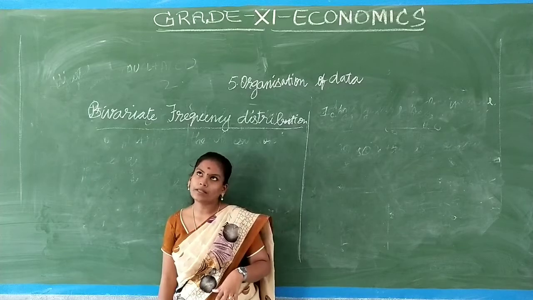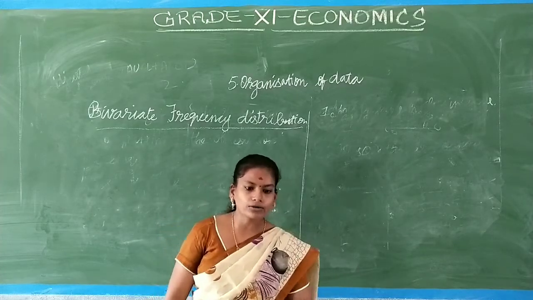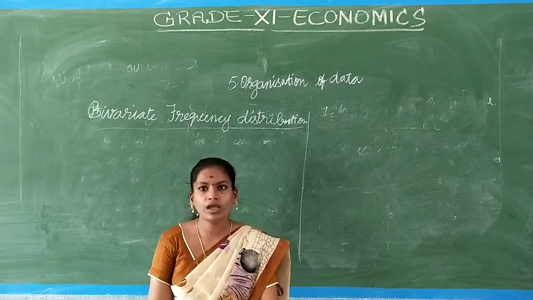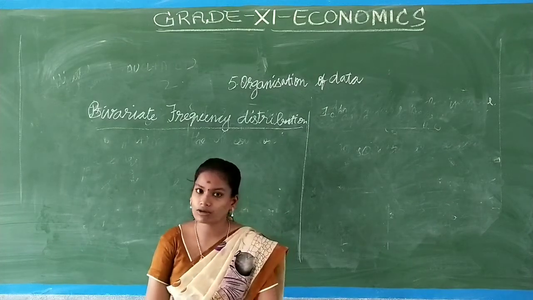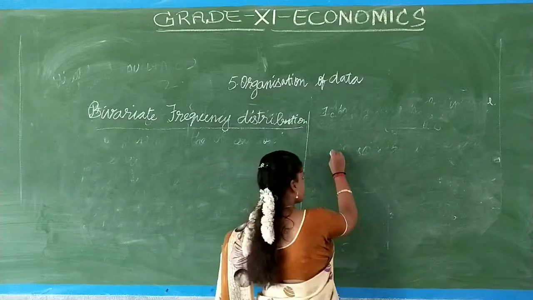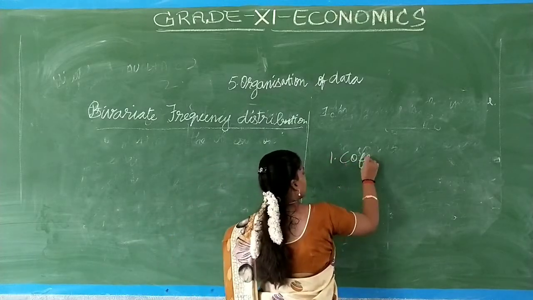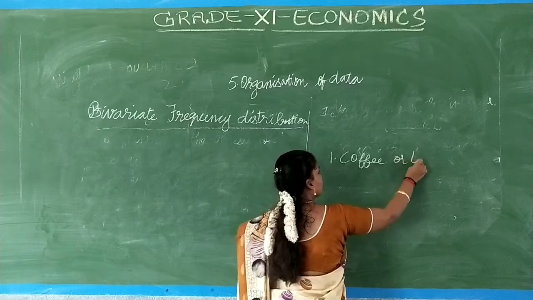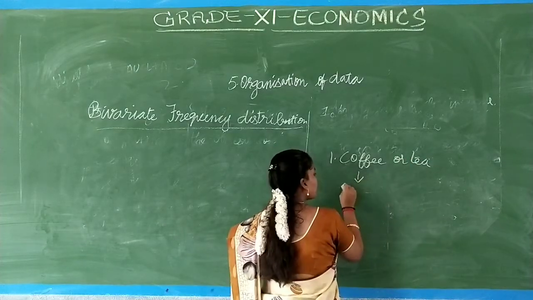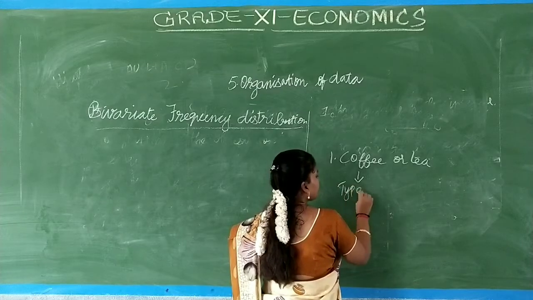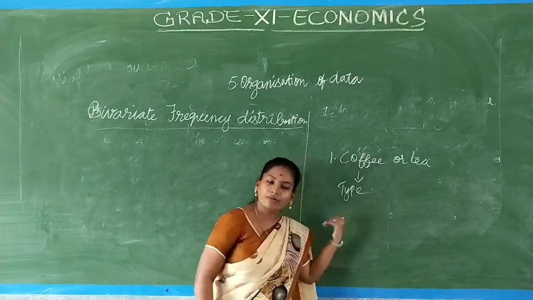So for example, when you go to a person, you are talking about their likes and dislikes, whether they prefer coffee or tea. The first question is about coffee or tea. Second thing, you ask which type of coffee do you drink. That will become bivariate.